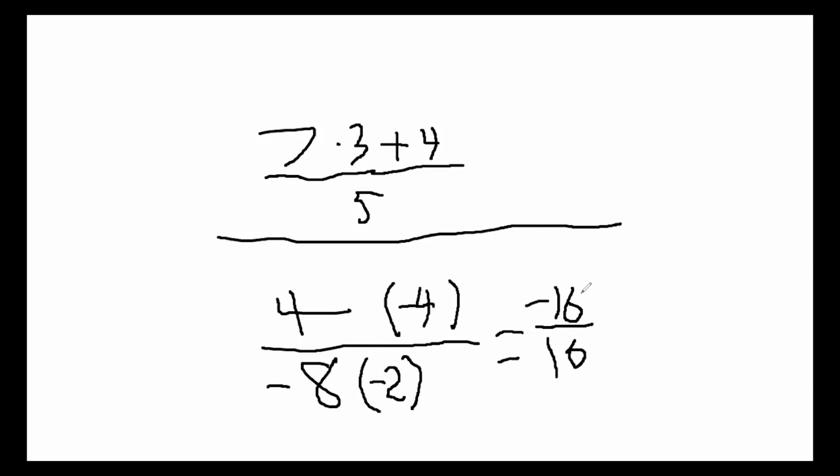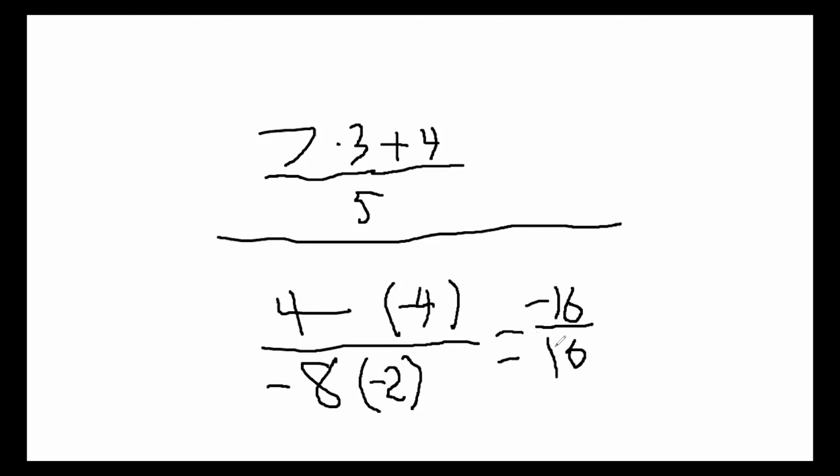So we have one negative, so we have negative 16 divided by 16. So we have one negative, so it's an odd number of negatives. So you have 16 divided by 16, and it's a negative. So it's gonna be what?